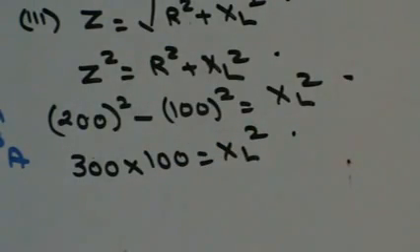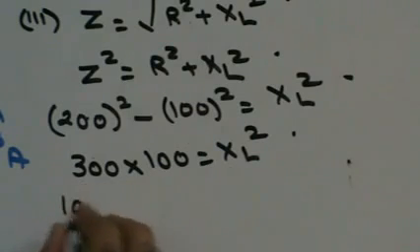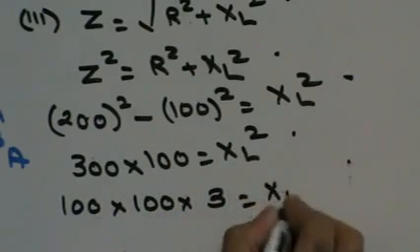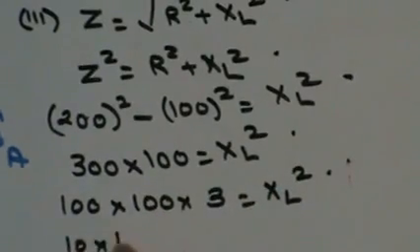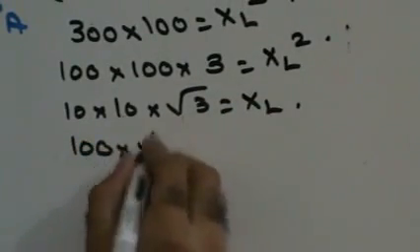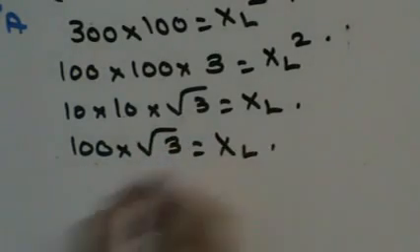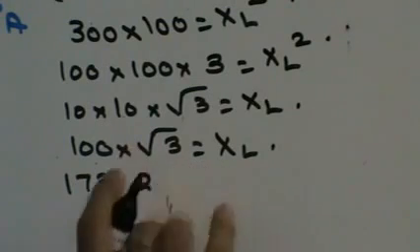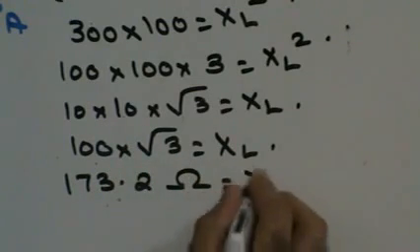XL is nothing but 2 pi FL. This is 100 into 100 into 3 is XL square. So 10 into 10 into root 3 is XL, so 100 into root 3 is XL. Root 3 is 1.732, so 173.2 ohms is equal to XL.